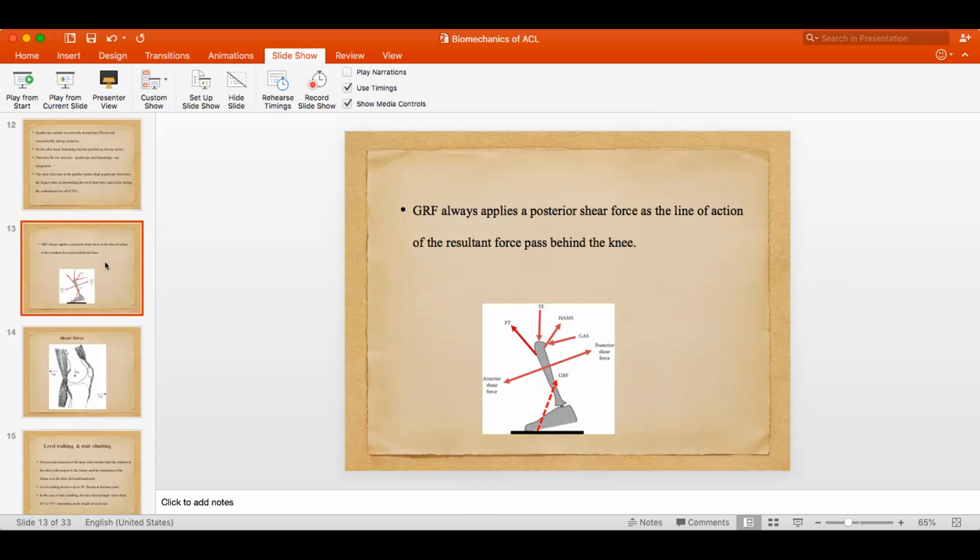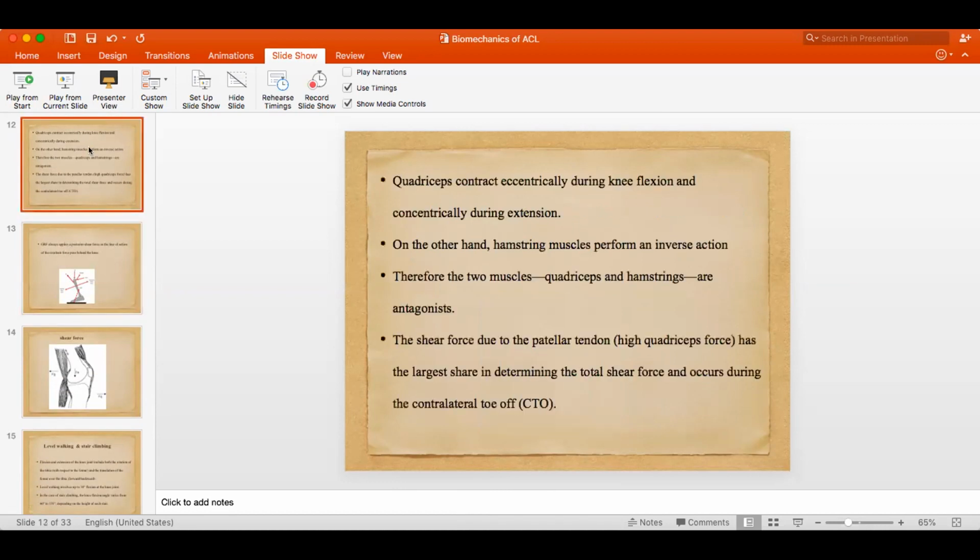So from this one, sir, when the ground reaction force is more, the patellar tendon has greater shear force on the affected side.